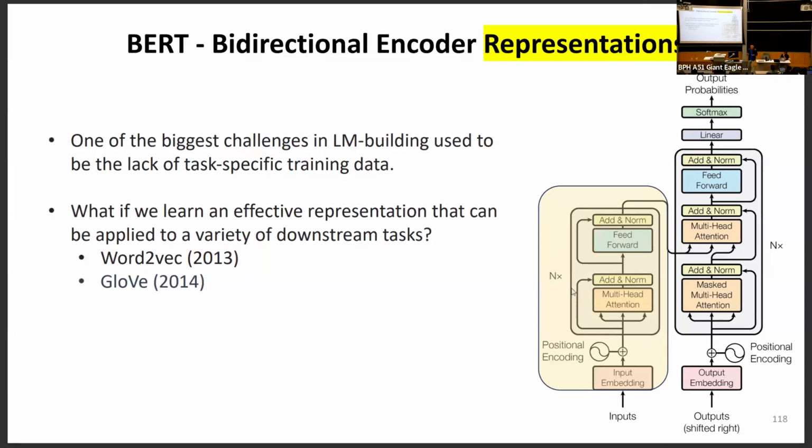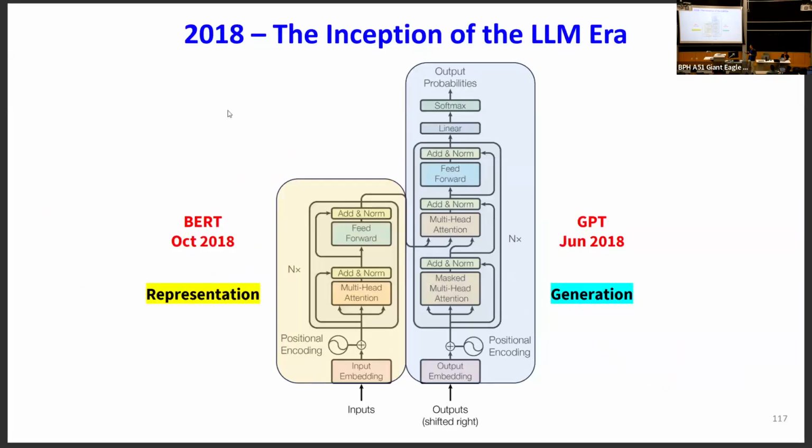That basically means there's very little data, and you can't train a large model effectively with small amounts of data. So the idea is, what if you train an effective representation that can be applied to a variety of downstream tasks, and we train that representation with unlabeled data, or with large scales of data that it can self-supervise to learn. That is the motivation with BERT, specifically in 2018. The title here says 2018.